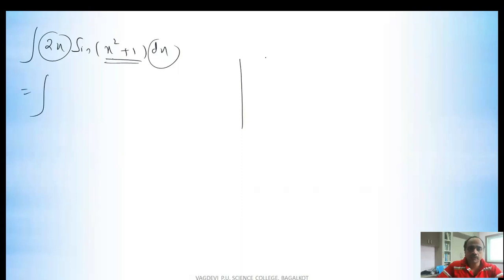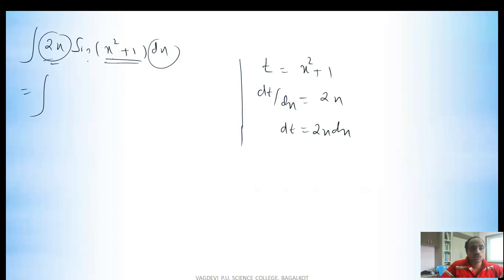So take that function as t. Which function? Not sine. Only x square plus 1. So if I differentiate, derivative of x square is 2x, and if you cross multiply, dt is equal to 2x dx. So 2x into dx will be dt, and this is sine t.